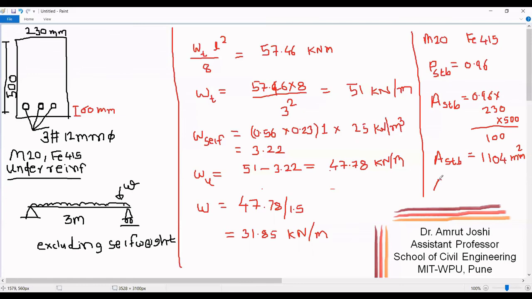What is the steel that we have provided or we have been given to be provided in the beam? That is 3 times pi by 4 into 12 square. So that works out to be 339 mm square.